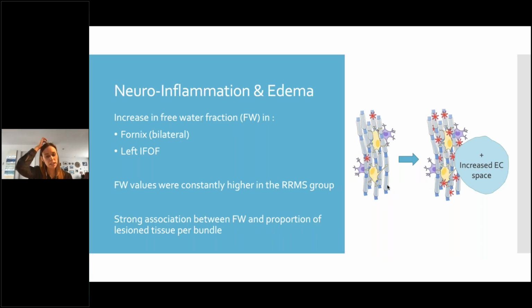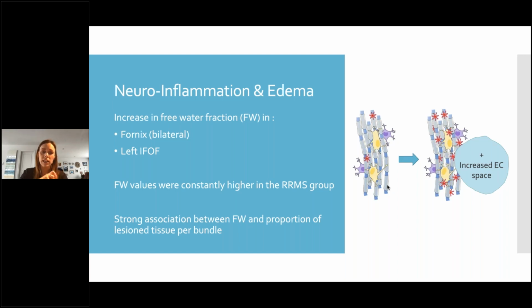So in our study, we found an increase in free water fraction in bilateral fornix and in the left IFO, and the free water fraction values were consistently higher in the relapsing remitting MS group.